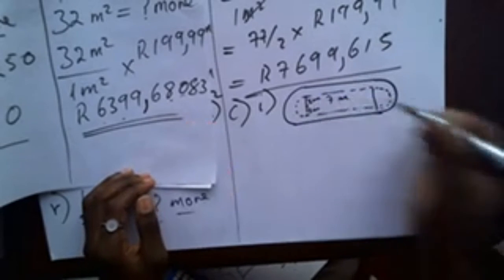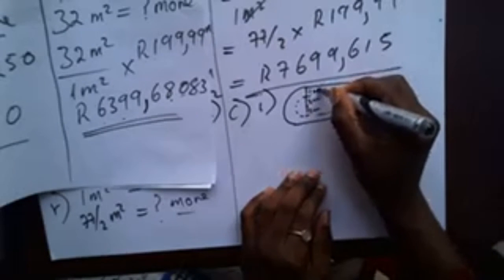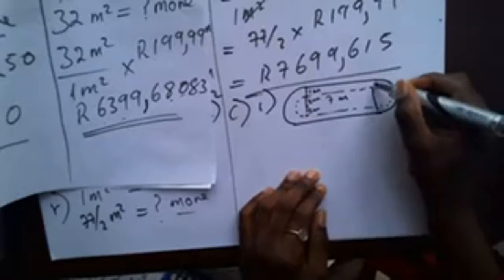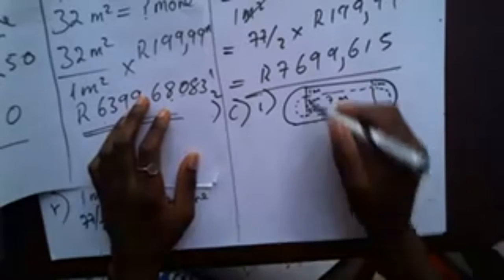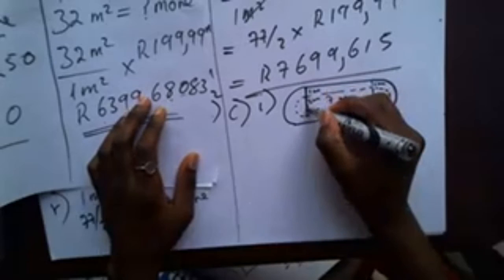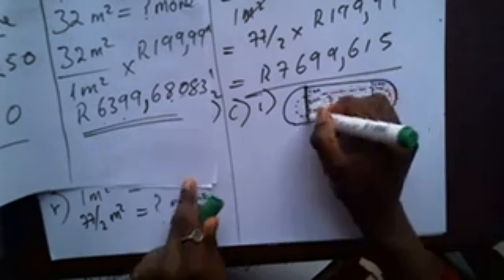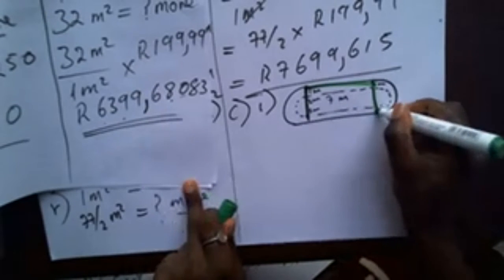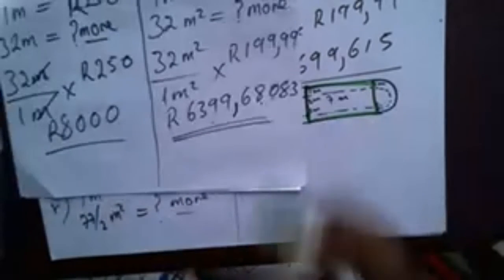So this is also 2 meters. This information we already know: this is 1 meter and also this is 1 meter here. I'm going to divide the shape into 2 shapes. I have this here and the other part. Let me just remove this.